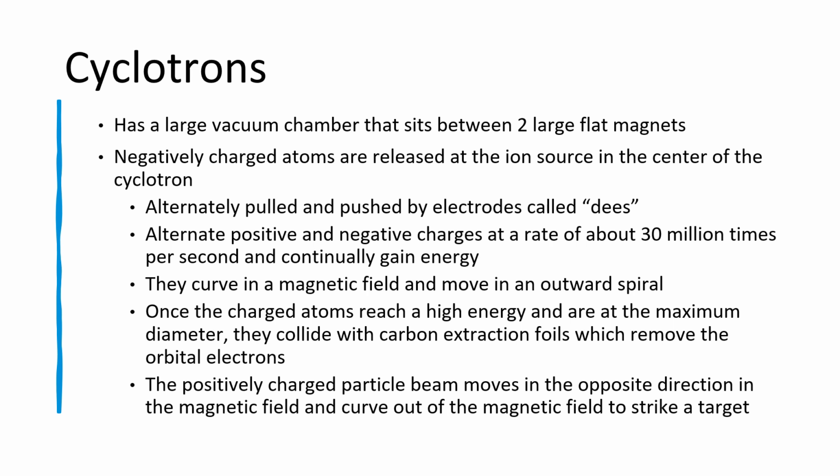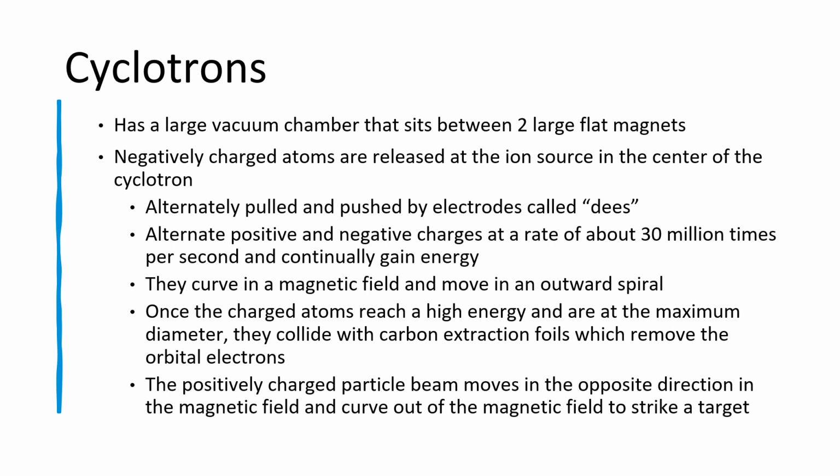So cyclotrons have a large vacuum chamber that sits between two large flat magnets. The negatively charged atoms are released at the ion source in the center of the cyclotron, and alternately pulled and pushed by the electrodes, which are called the Ds. They change in their polarity, and so there's a constant pull or push on that source ion, and that is what increases the speed.